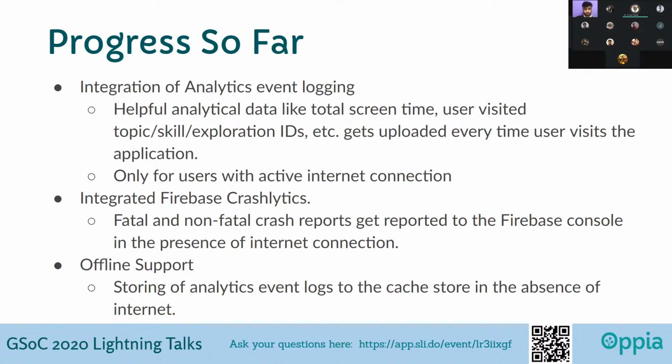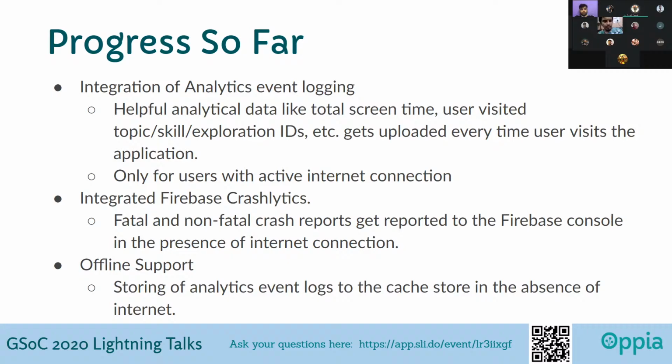So the progress so far is I've integrated Firebase Analytics and Crashlytics for the online users and not for the offline users as of now. Helpful analytical data like total screen time and user visited topic, skill or exploration IDs are uploaded every time a user visits it. And the fatal and non-fatal crash reports get reported to the Firebase console.